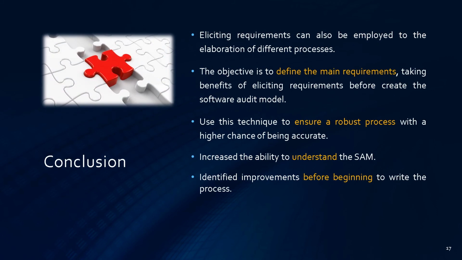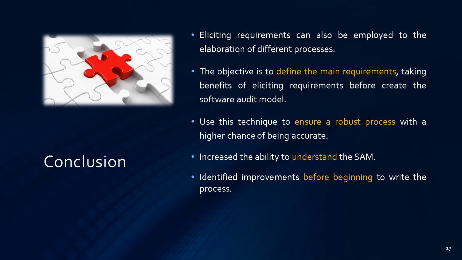Finally, some of the things that I was able to conclude with this part of my research are that eliciting requirements is useful not only for software development, but also for another area, like a process definition.